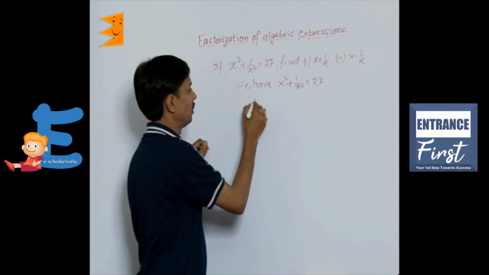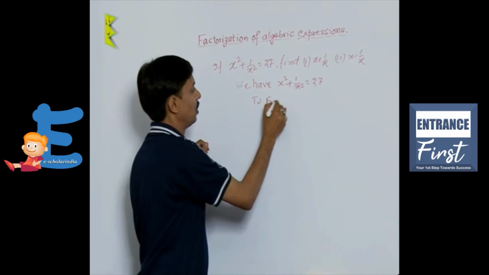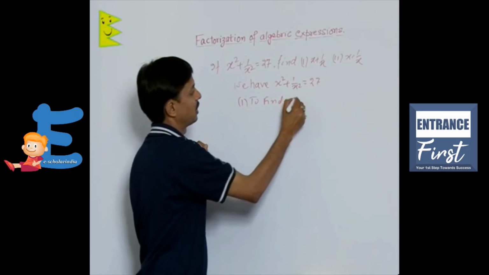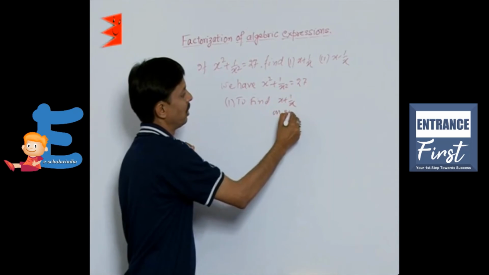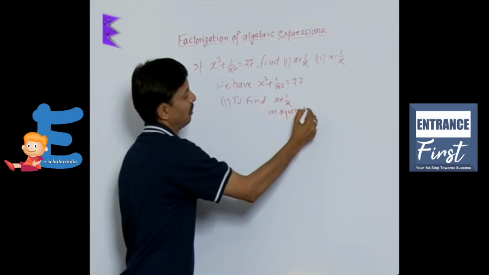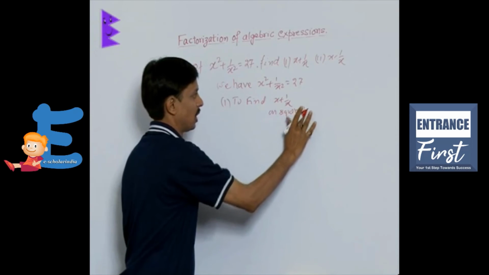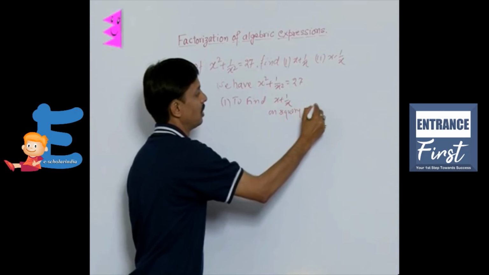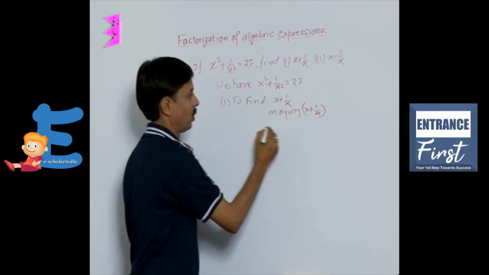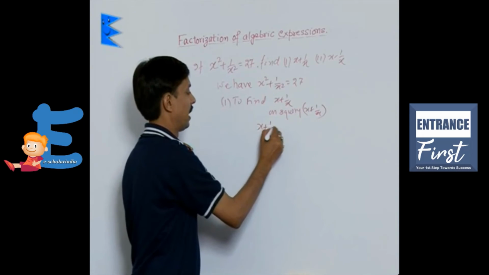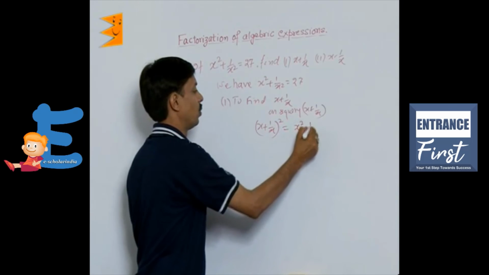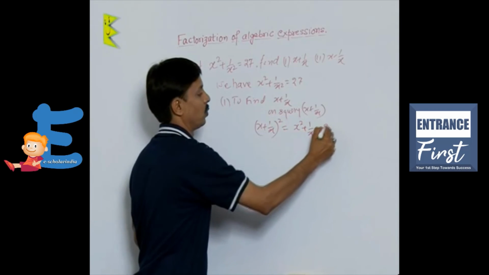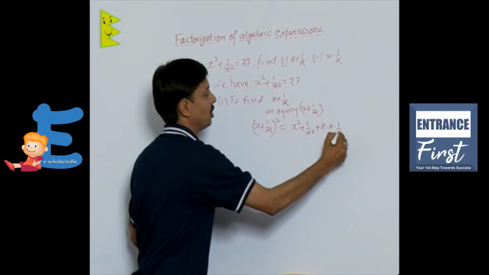To find the first part, x plus 1 upon x, I will say on squaring x plus 1 upon x, we will get x plus 1 upon x whole square is x square plus 1 upon x square plus 2 into x into 1 upon x.